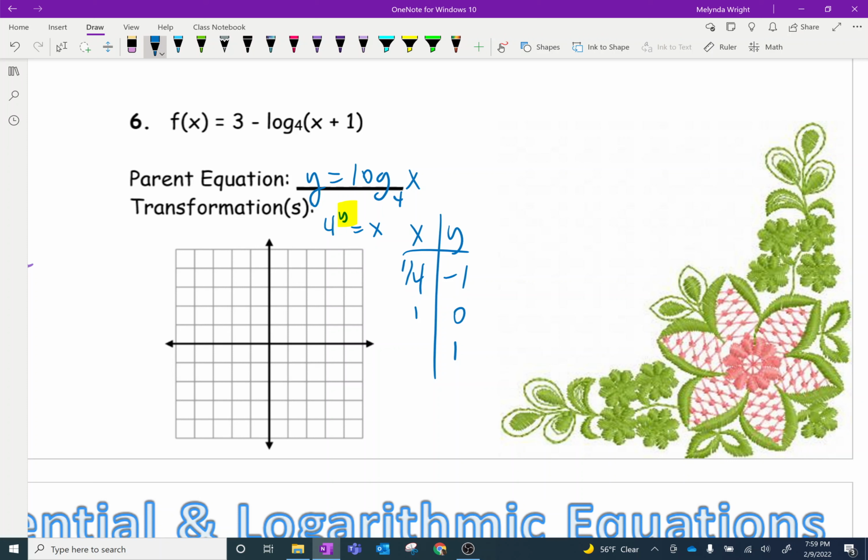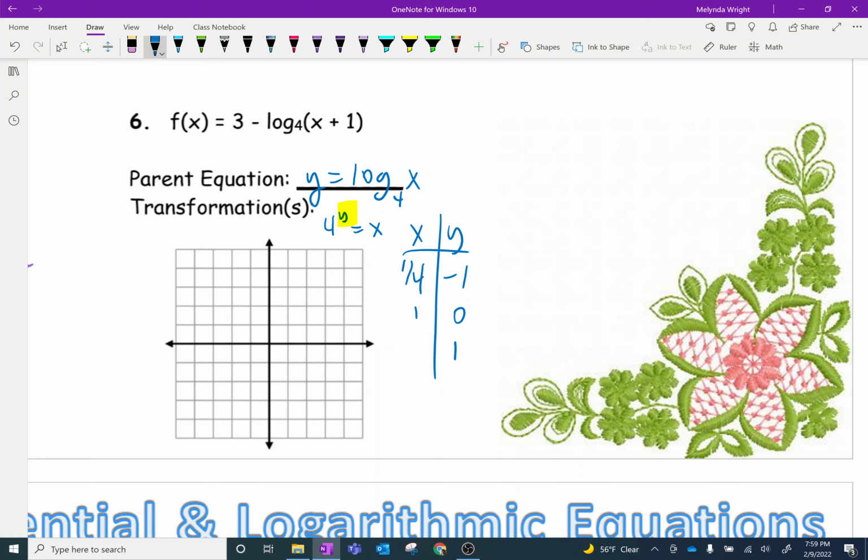All right, good job. Now let's work on transformations. Oh, we got a lot going on there, don't we? Let's work on this one first. This one affects the x, and it's actually opposite of what it looks like. So we're going to go left 1.